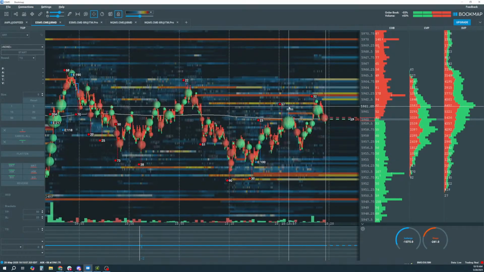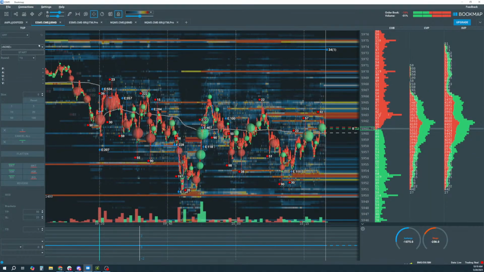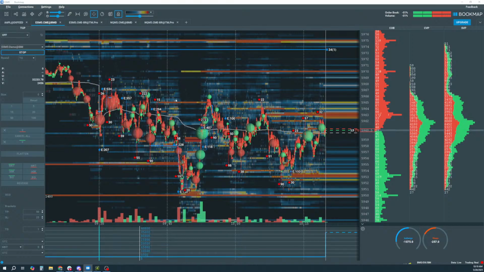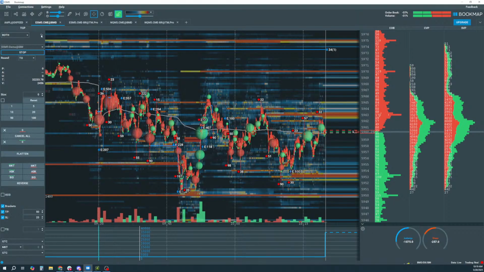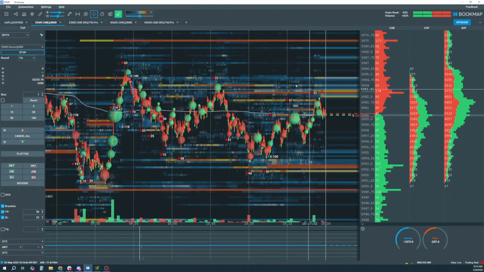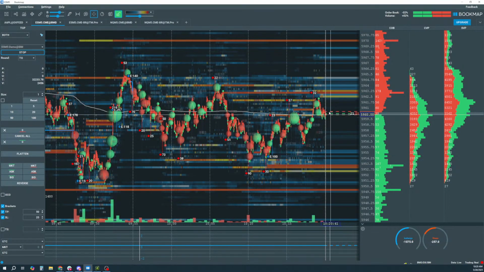In fact, we might just take a position here just to show it in real time. So we'll go into our demo account, right? This is not a trade recommendation at all. We're just going to jump into the market just to demo this. We'll look for maybe a setup if we can get one. I'm not really seeing much at all at the moment.